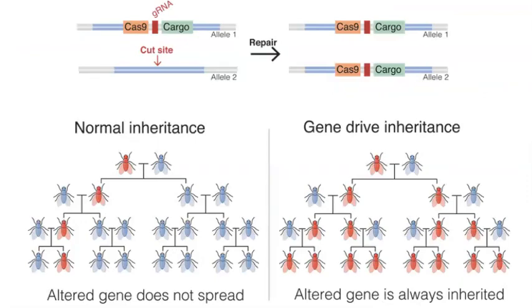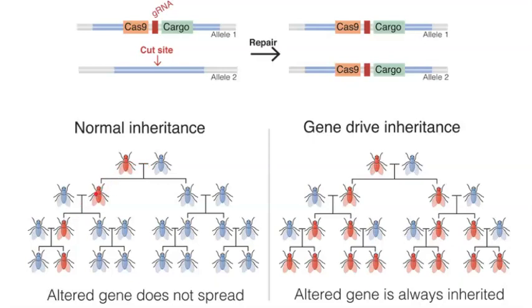Here's a slightly different version of looking at that, showing you the Cas9 system. Here's your Cas9, here's your cargo gene, and here's your cut site. In normal inheritance, in this case, we've got a red insect that's got the Cas9 system with the gene drive and the blue insect that doesn't. The altered gene doesn't really spread.